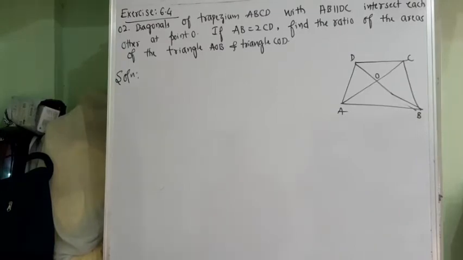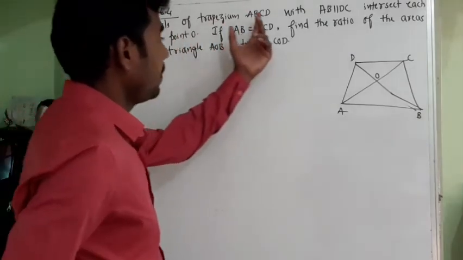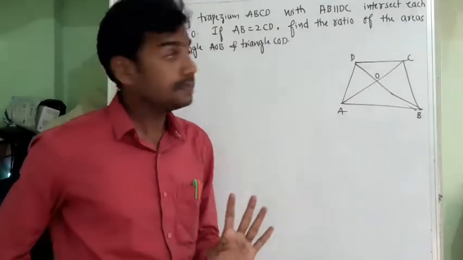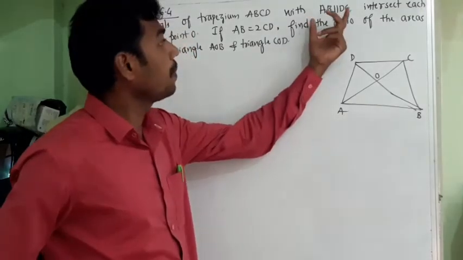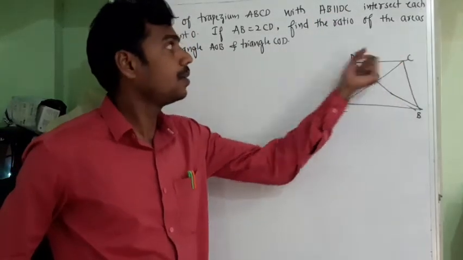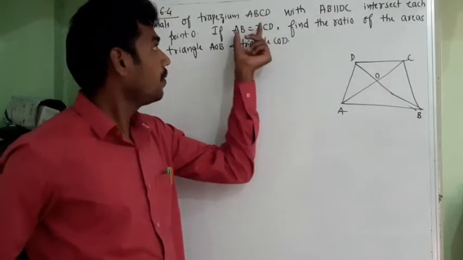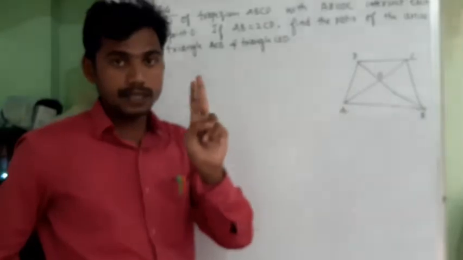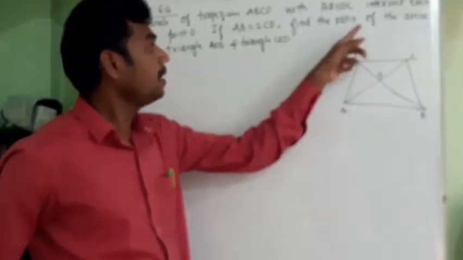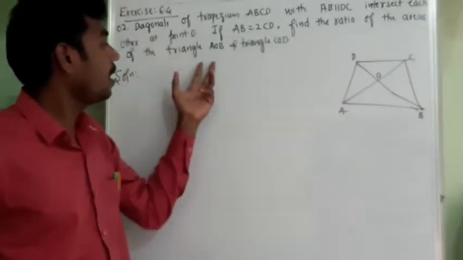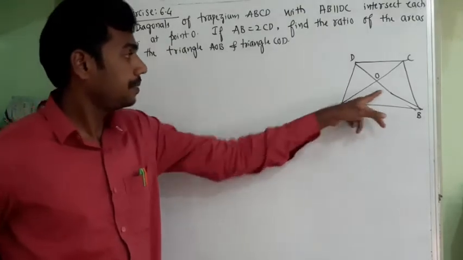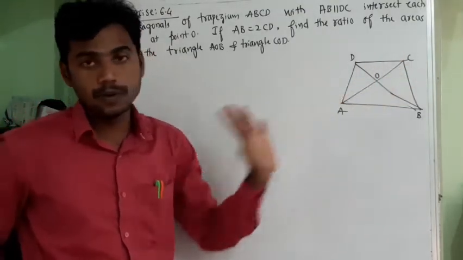Second question. ABCD is a trapezium with AB parallel to DC. Diagonals of the trapezium intersect each other at point O. If AB is equal to 2 times DC, find the ratio of the areas of triangle AOB and triangle COD.